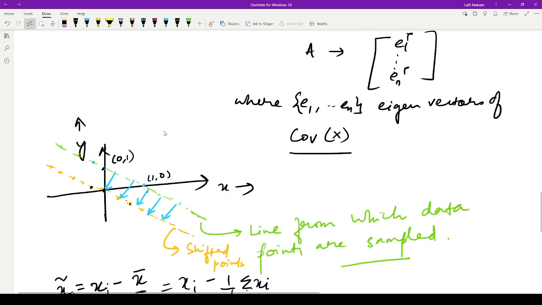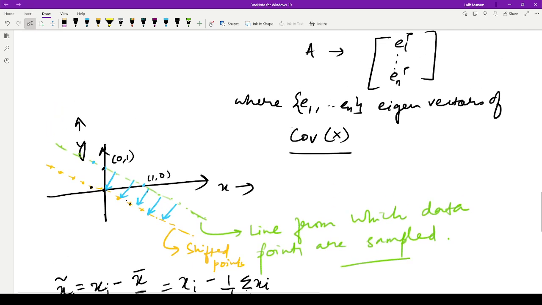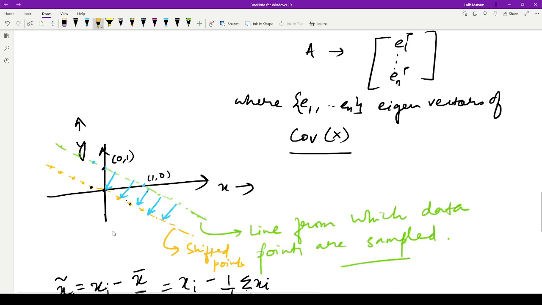Now, given this, we'll check the covariance, and it was mentioned in the class that it will just rotate your data, right? So what are the principal components, or rather the eigenvector corresponding to the maximum eigenvalue for this line?